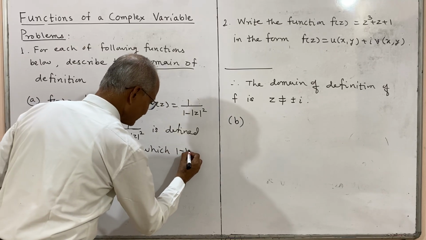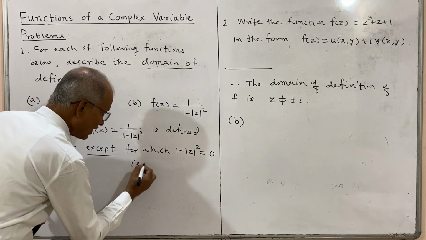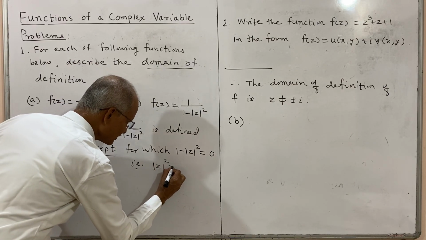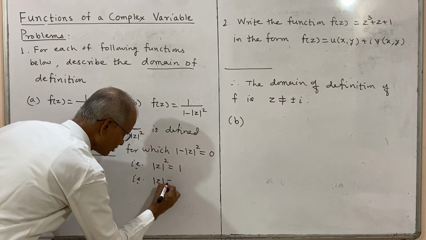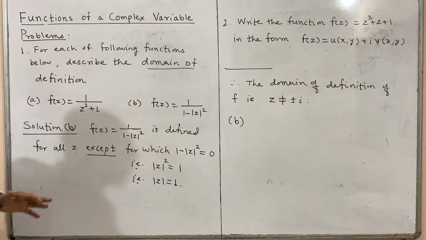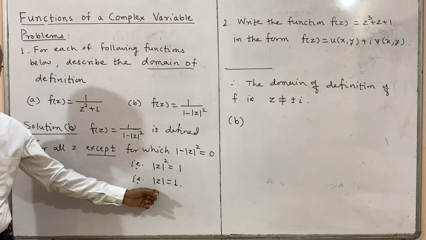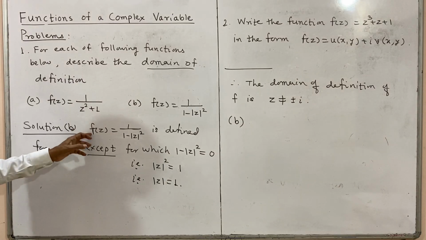This is the exception, and this means |z|² is equal to 1, that is |z| = 1. Thus this function is defined except where |z| = 1, meaning |z| must not be equal to 1 in the domain of definition of this function.